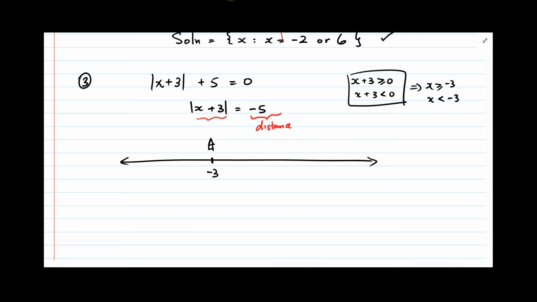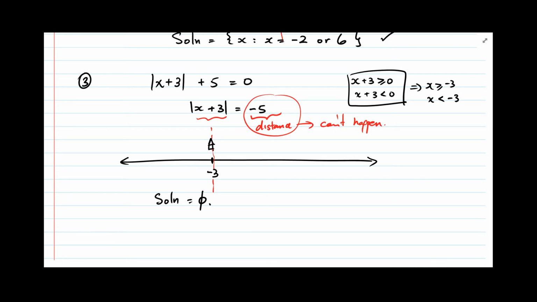While this was my starting point, the fact is that there is no distance that's negative, right? This can't happen. Then I can't move. I can't run -5 kilometers. And so my solution is the empty set. This is just what I get.